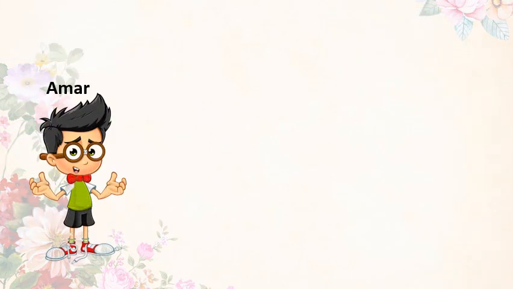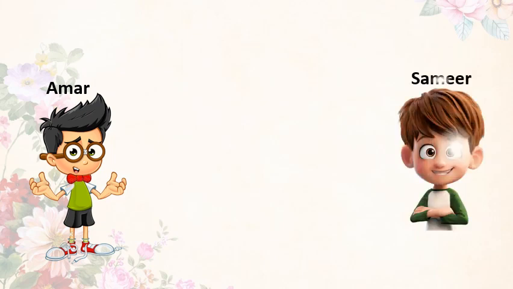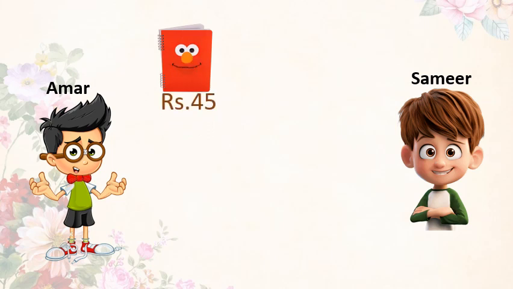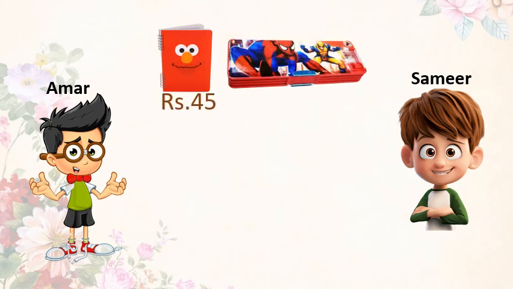Yes, here Amar is there and one more student, Samir. These two students went to a shop to buy a notebook worth rupees 45 and one compass box of Spider-Man worth rupees 85. They purchased two things of rupees 45 and rupees 85.